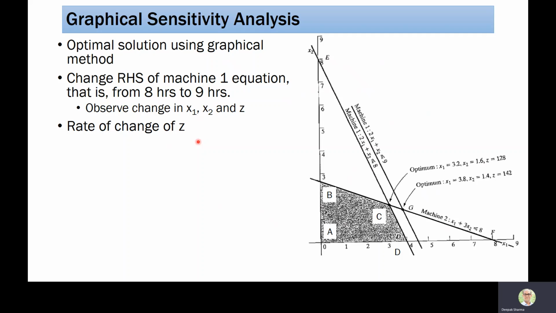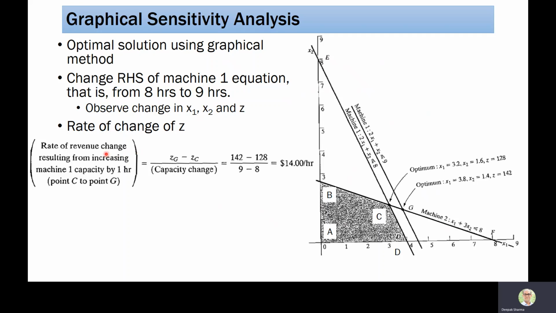Let us identify the rate of change of Z. In the numerator I take the change in the Z value, divided by the change in the capacity. Looking at solutions C and G, the numerator is 142 minus 128, divided by 9 minus 8, which is 1. So it is $14 per hour. This is the rate of revenue change resulting from increasing the machine 1 capacity by 1 hour.